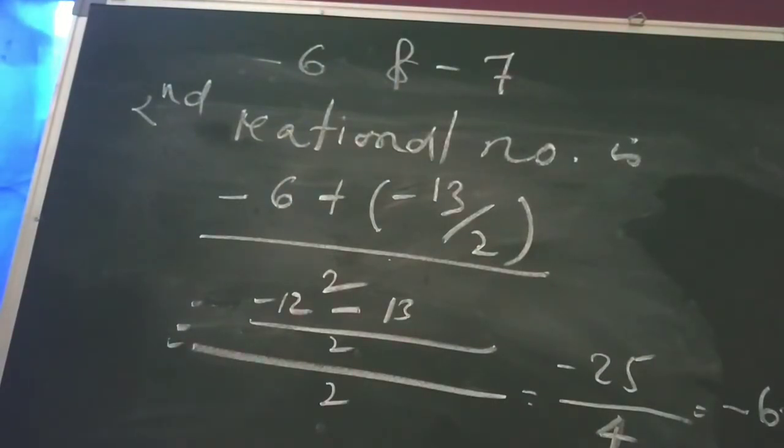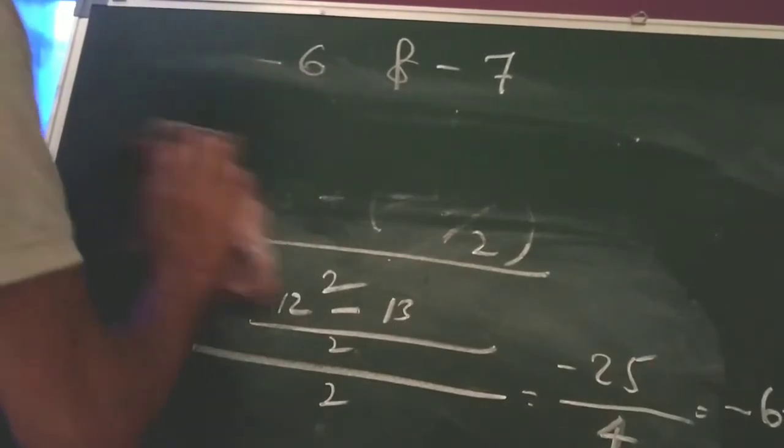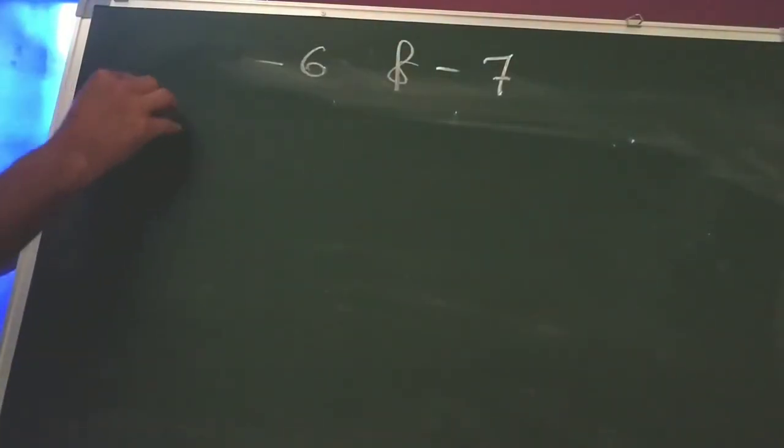Now we will find the third rational number between minus 6 and minus 7. So let us go for the third rational number.